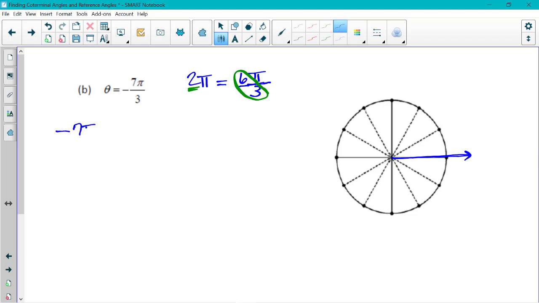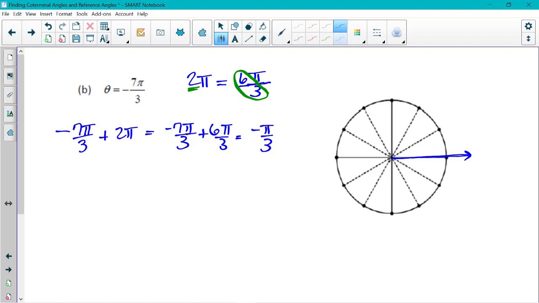I can find the least positive coterminal angle by adding 2 pi. Well, I still have negative pi over 3. Okay, so if you're thinking in the negative direction, you're going pi over 3 beyond 2 pi in the negative direction.